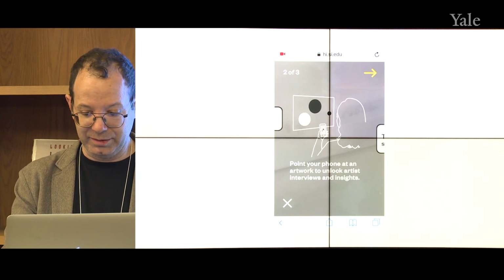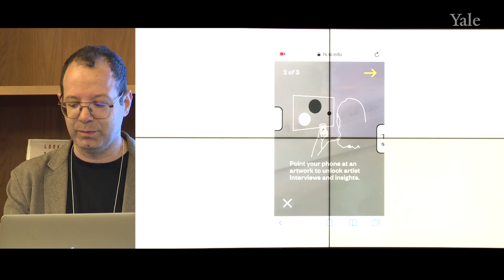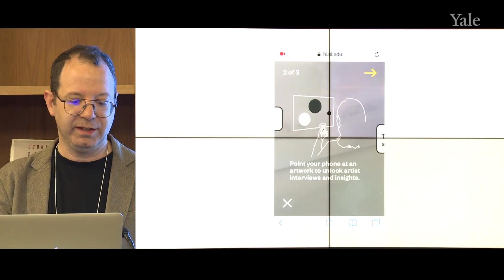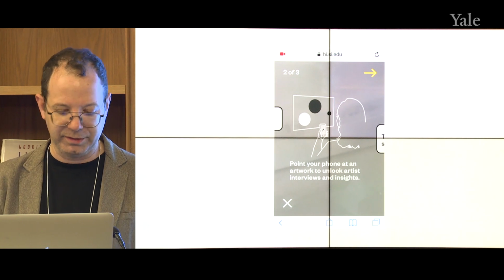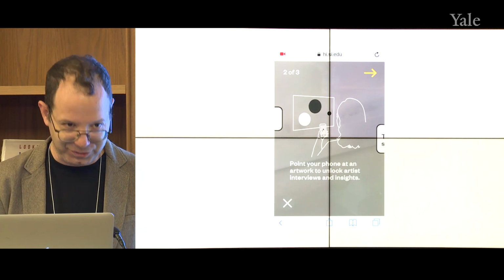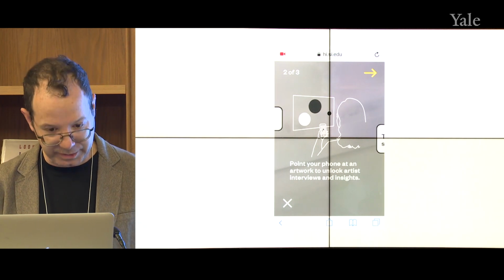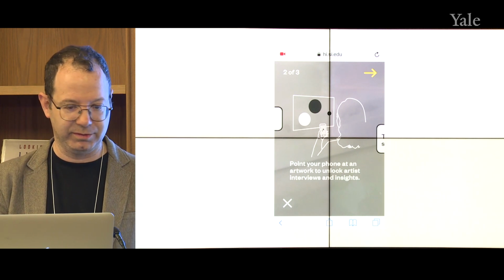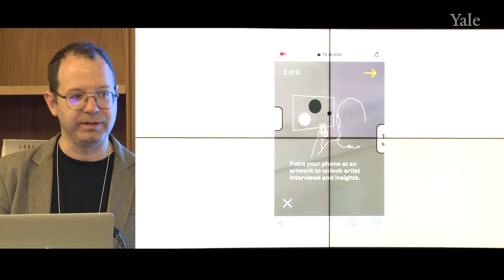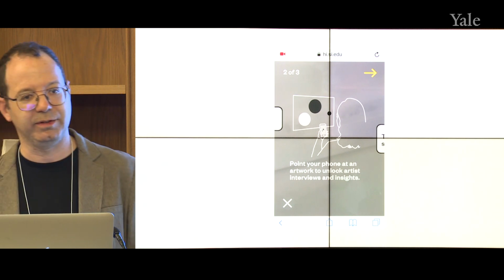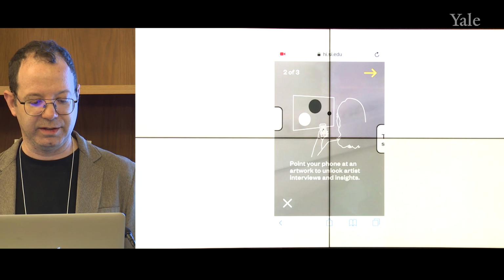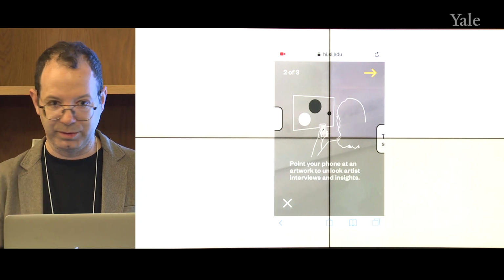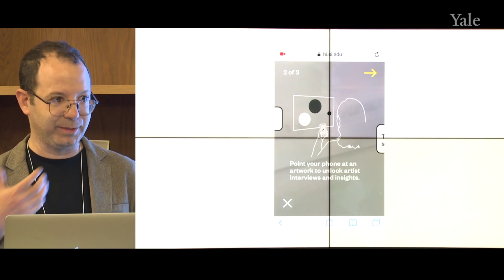Even so, it was fascinating walking around with visitors and talking to them about their experience using this. A lot of them talked to us about their consciousness of wanting to look up at the work and not get too absorbed in their phone. Some visitors just hate it, and they absolutely don't want to use an electronic device when they're in a museum. Some young people walk through and scan absolutely everything.